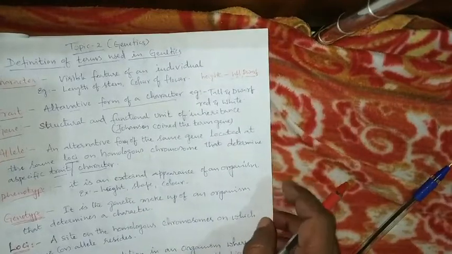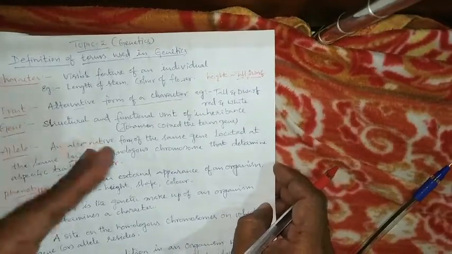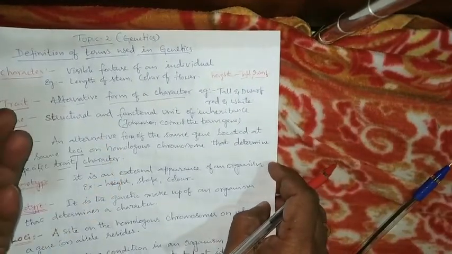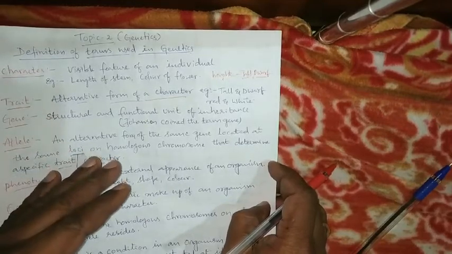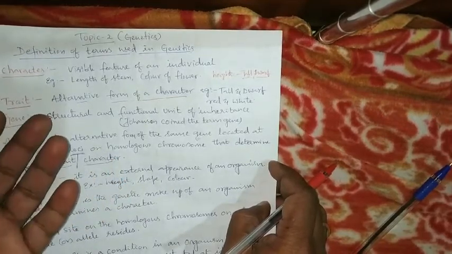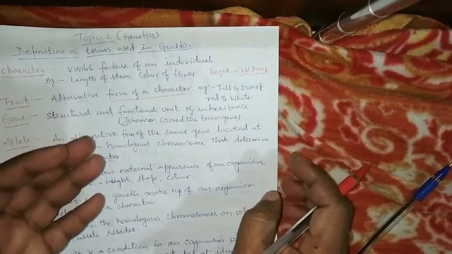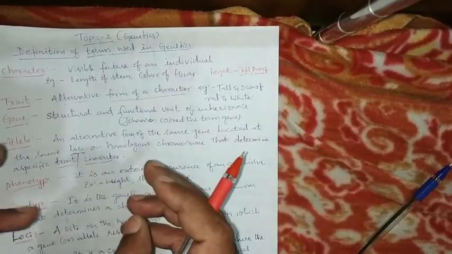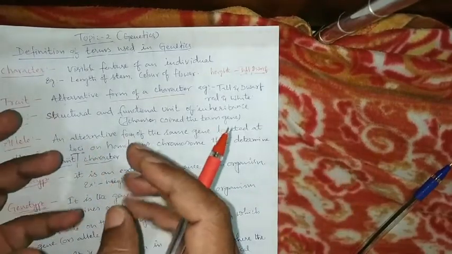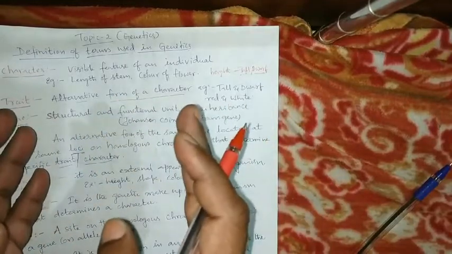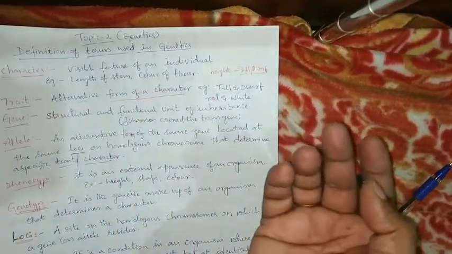For example, red flower, white flower, yellow color flower or pink color flower, round seed and wrinkled seed. Round seed means the shape of the seed. Shape is a character here. In this shape, we can see 2 alternative forms: round and wrinkled.